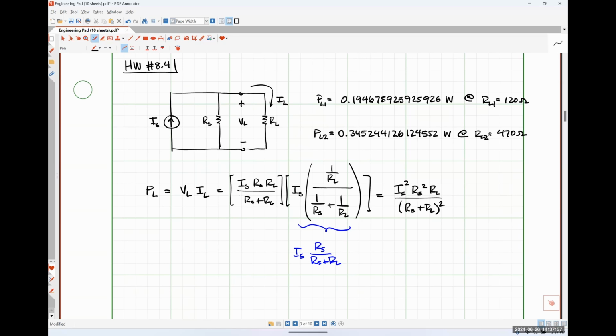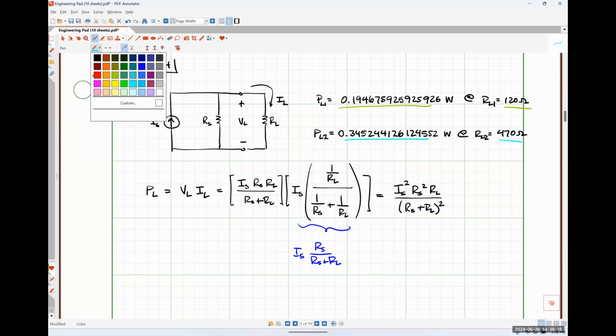Okay, so that's the hard part of the problem, is effectively recognizing that since I have one power and an associated load resistance and a second power and a second load resistance, I can use this relationship that PL is equal to IS squared RS squared RL over RS plus RL quantity squared in order to determine what IS and RS are.